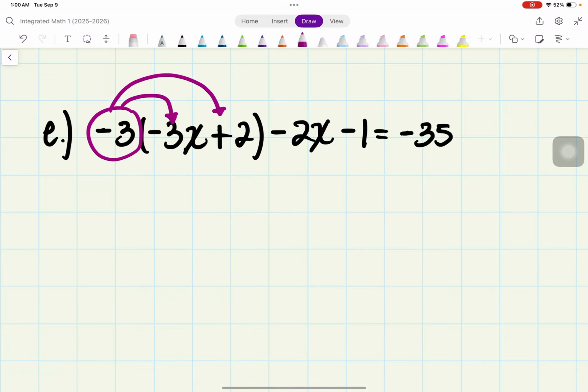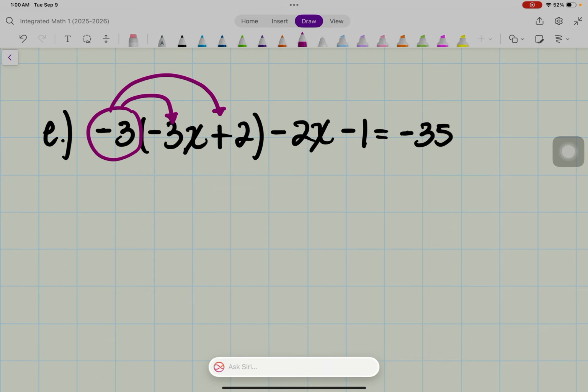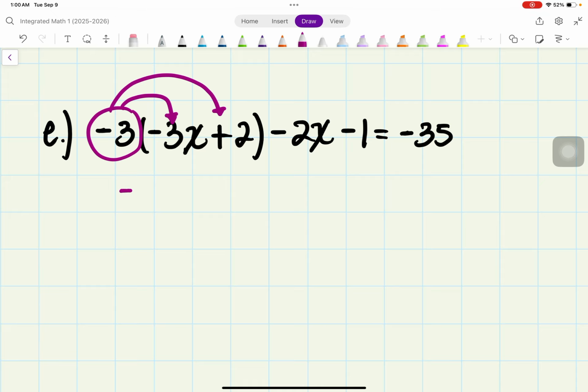So I know that that's going to be, let me bring that down, negative 3 times a negative 3x. Negative 3 times negative 3 is going to give me a 9, so it's going to be a 9x, all right? Next one is negative 3 times a 2, which is going to give us a negative 6.